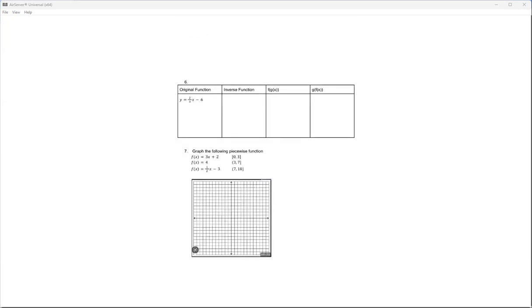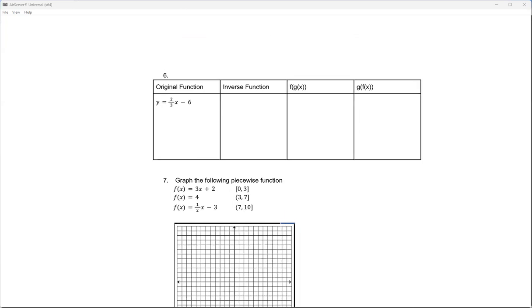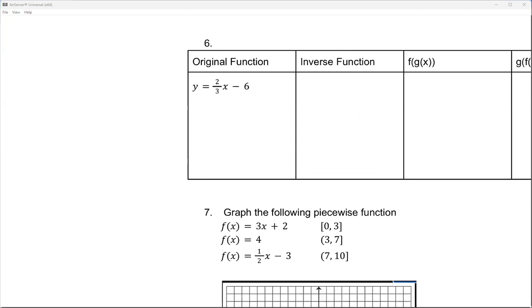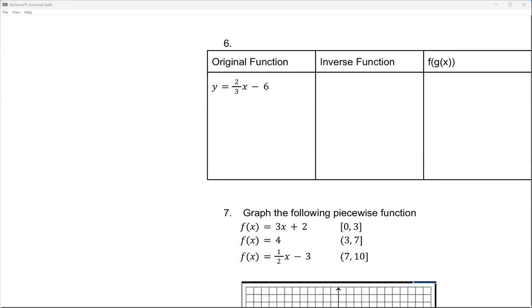All right. I need to hurry. Sorry, I forgot to tell you. So this is the original function. What you need to do is, this is like your f of x here. And so you would have the g of x is the inverse function. So remember how you did this? It was y is equal to 2 over 3 x minus 6, right?